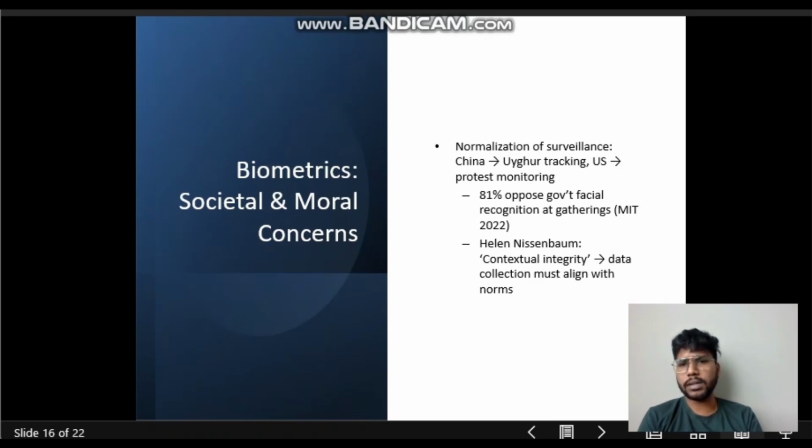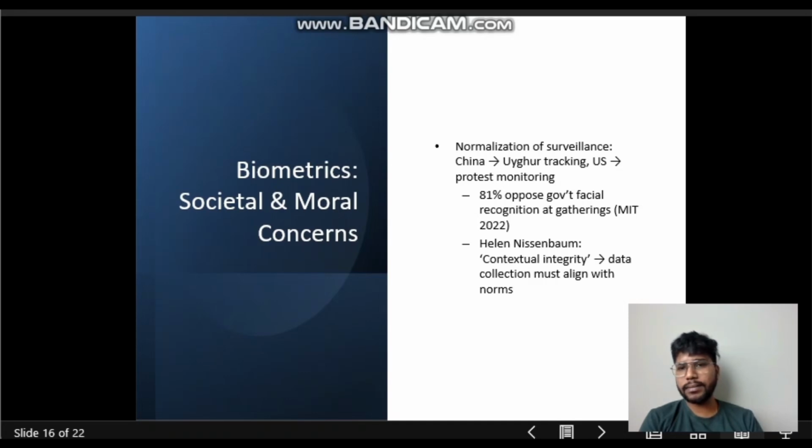Biometrics often violate these principles by capturing and storing deeply personal data without transparent disclosure or meaningful consent. Our key moral question is: is it ethical to deploy systems that disproportionately harm certain ethnic or gender groups?